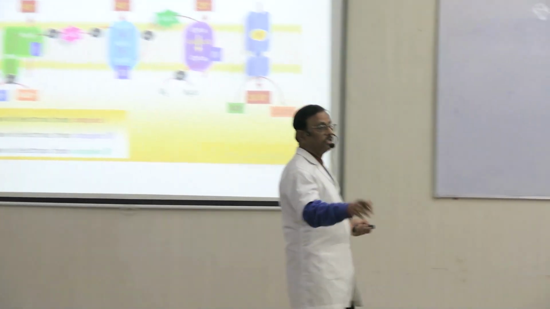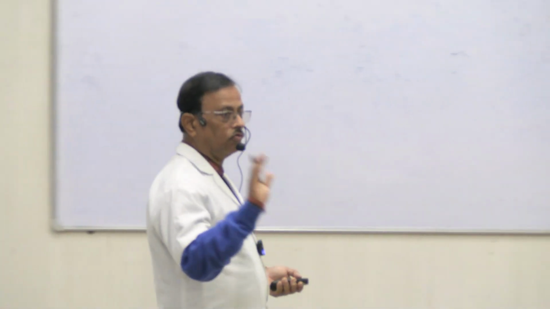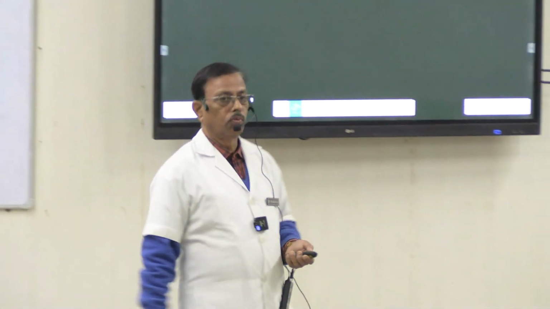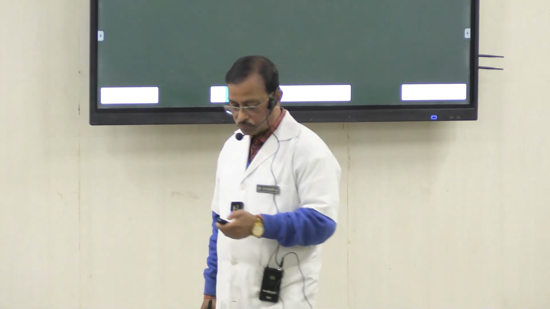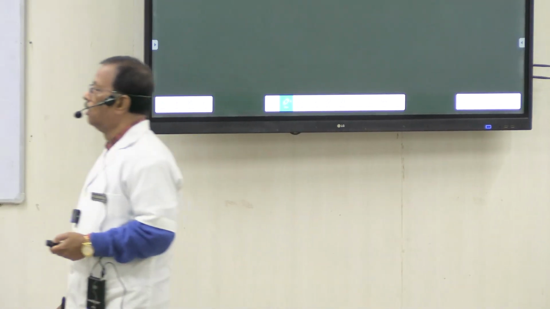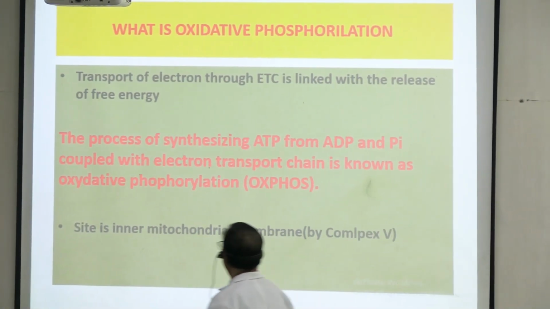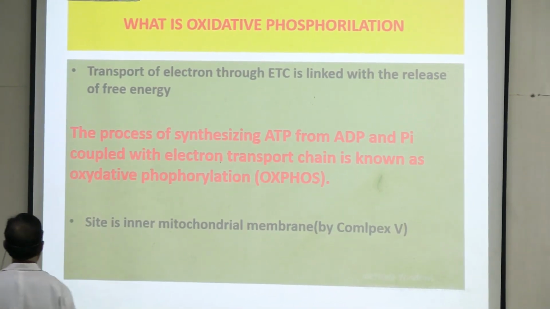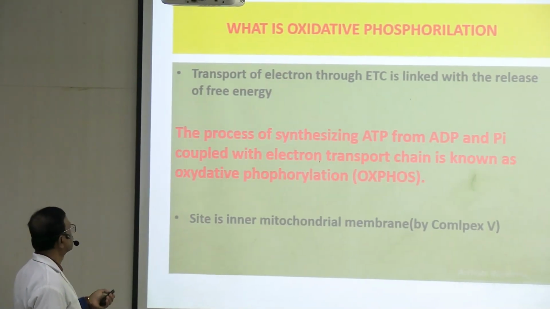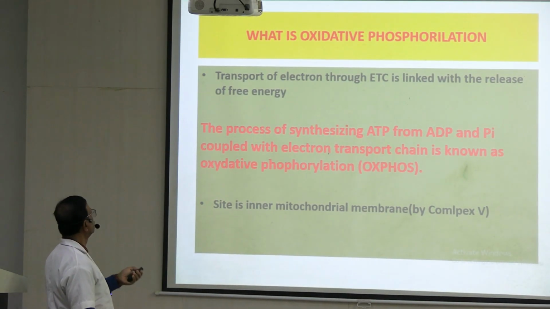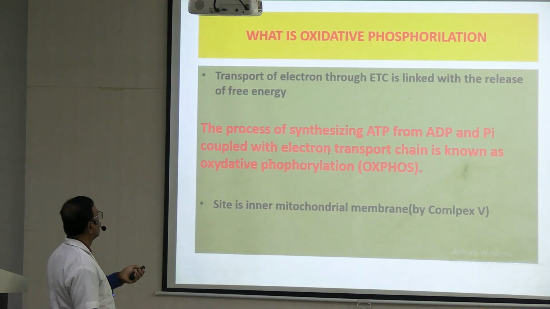Now, for synthesizing ATP, we need 4 protons. Now, to define oxidative phosphorylation, it is nothing but the transport of electrons through the electron transport chain when it is linked with the release of free energy.